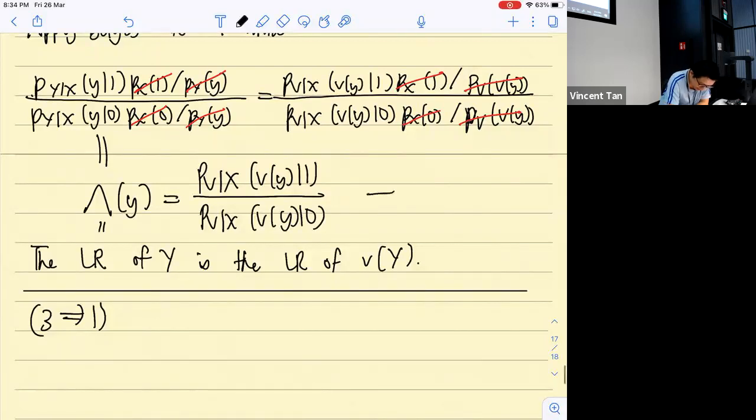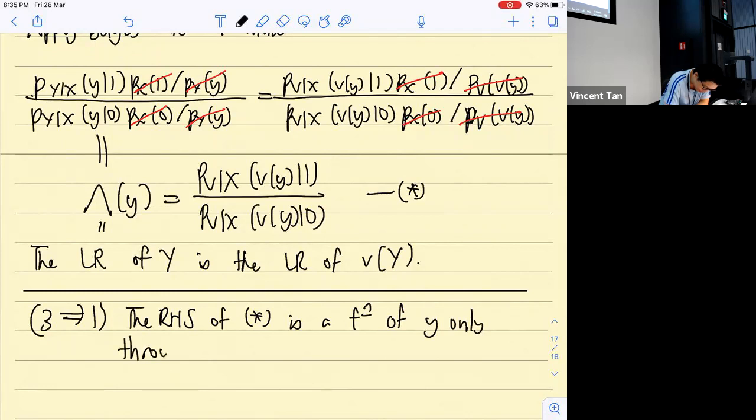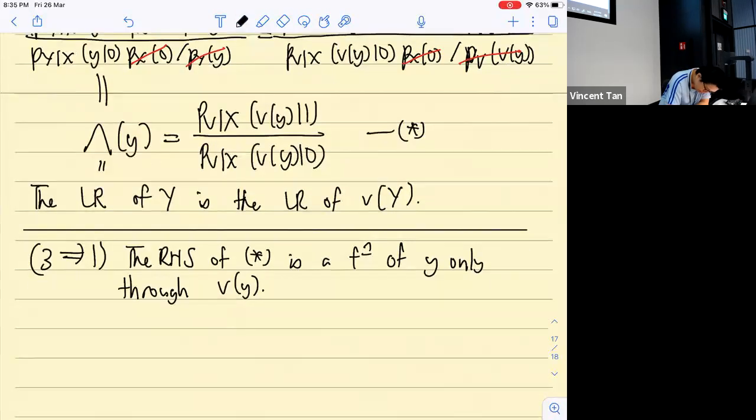Note that the right hand side of equation star is a function of y only through vy, the sufficient statistic, through vy, a function of y. Therefore, one says that vy is a sufficient statistic of the binary hypothesis.